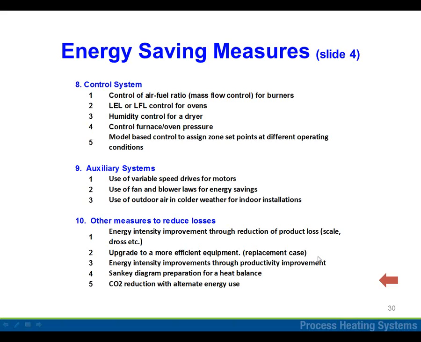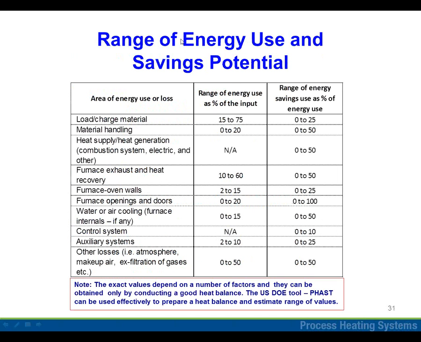So these are some of the things that we will discuss in detail, and also analyze these to see whether you can use any one of these, and if you use, how much energy can actually be saved. Next slide, Sachin. This gives you a ballpark number.